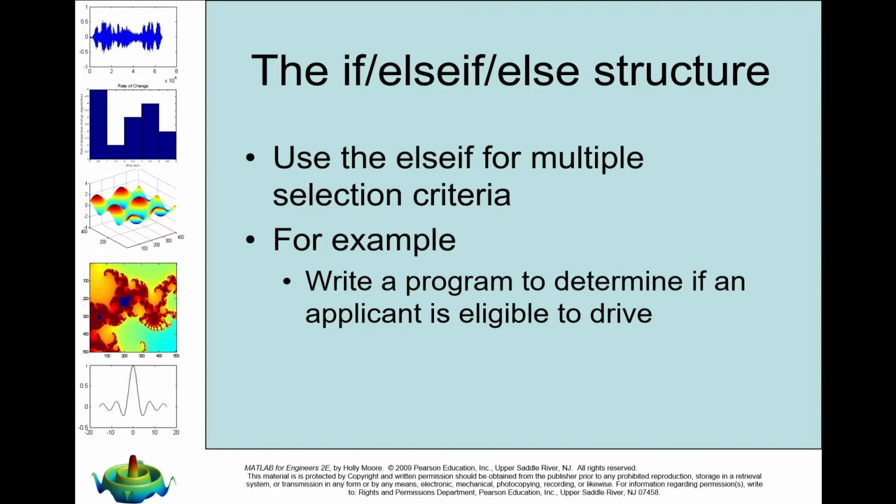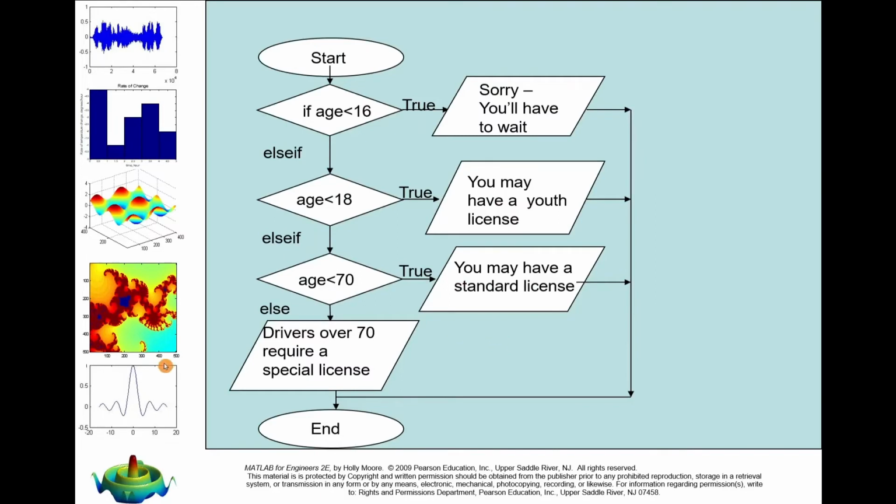For example, let's consider programming code to determine if an applicant is eligible to drive. Here is the flow chart. In this example of multiple criteria for determining a driver's license, based on the applicant's age, we can see from the flow chart that MATLAB first will check whether the age is below 16.